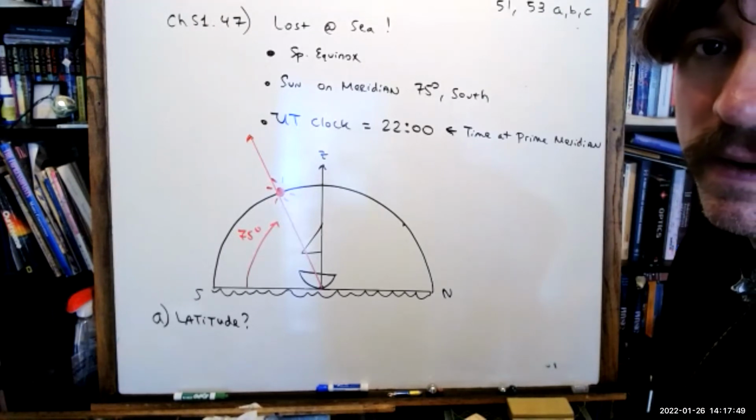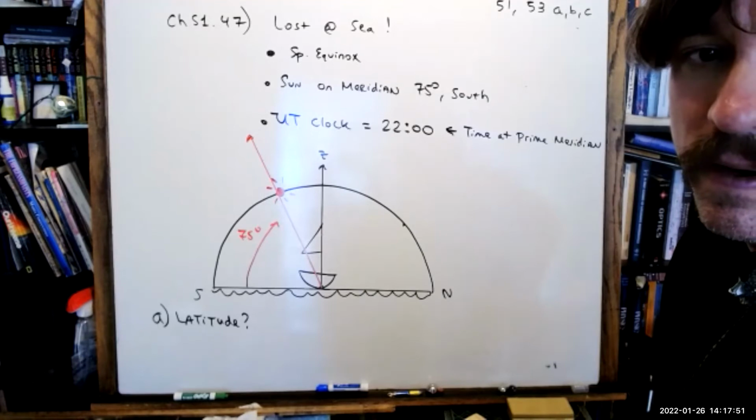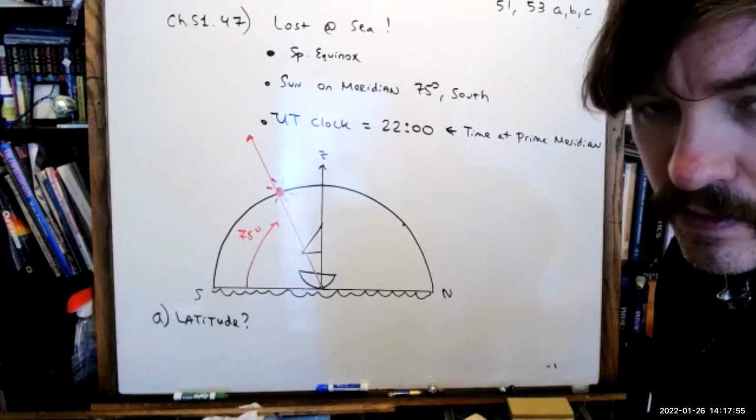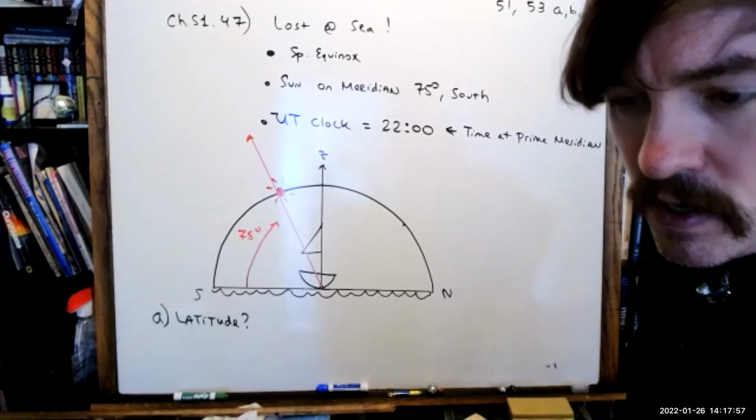The spring equinox is a moment in time, and it's also a point in the sky along with a point on the Earth's orbit.